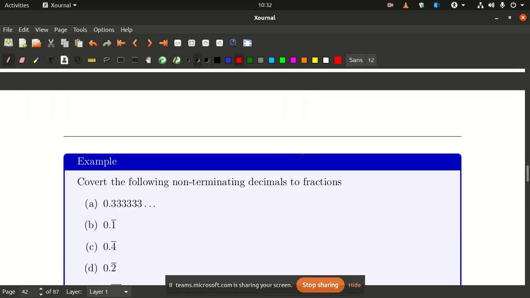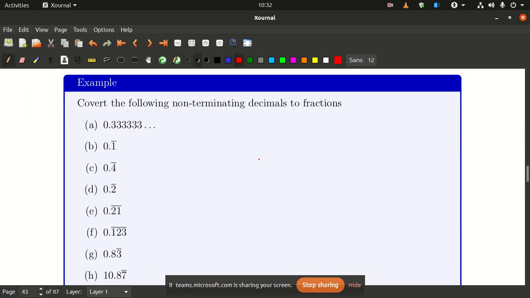We are done. I think the majority of us are done. Now this is an example here. This example is saying convert the following non-terminating decimals to fractions. The first step, what is important here, is actually letting our x.